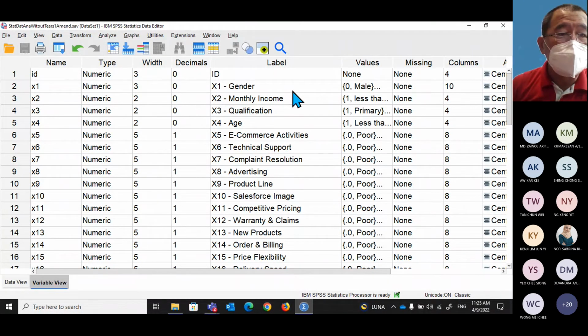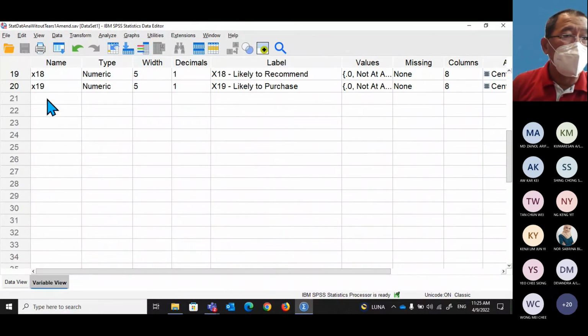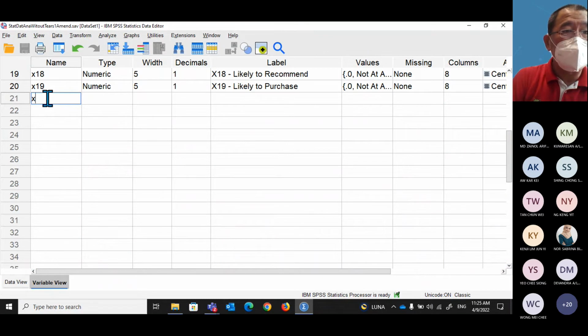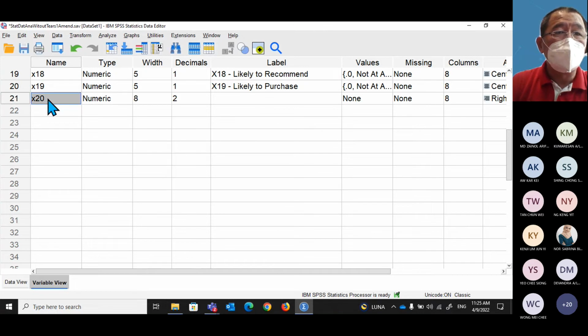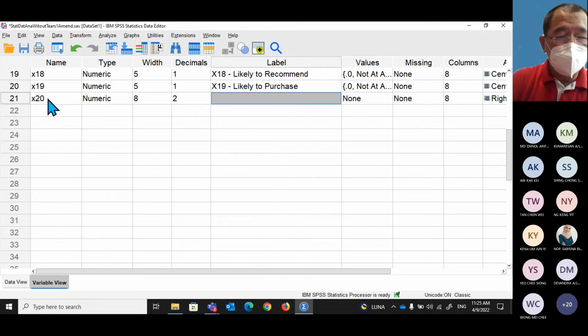So we see how to do it. You can do it here, X20. You can put in the label there: X20, dummy variable.